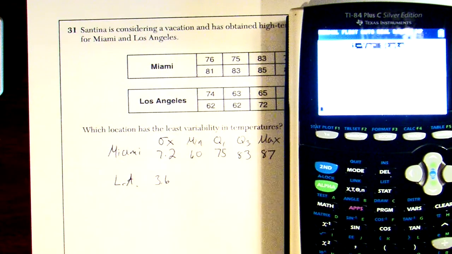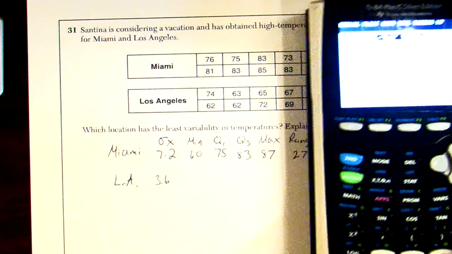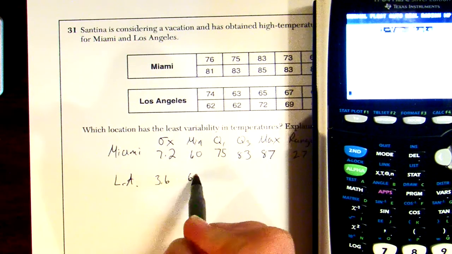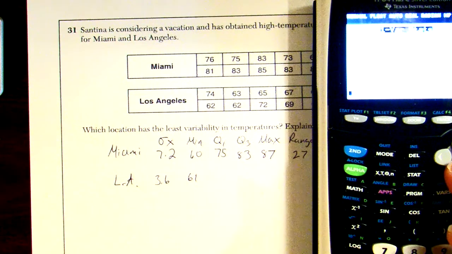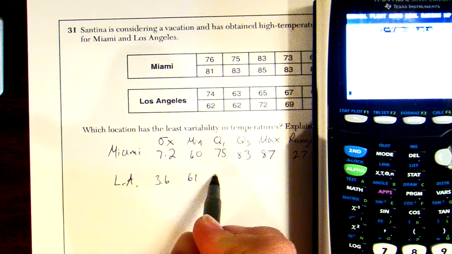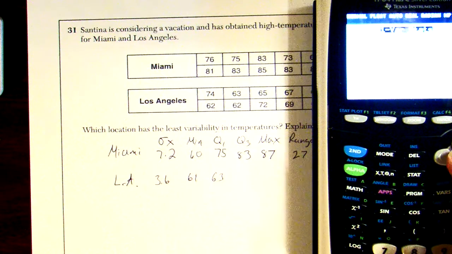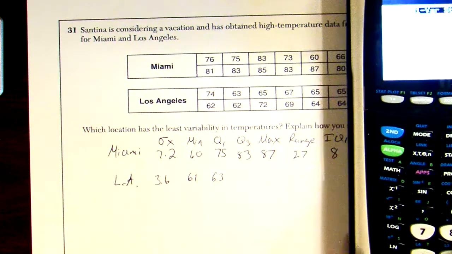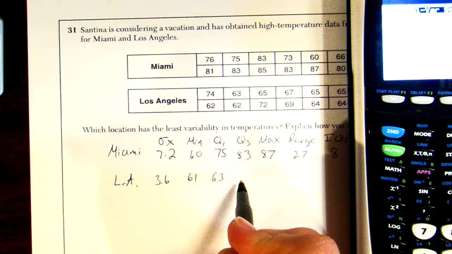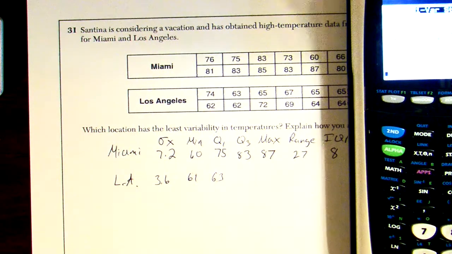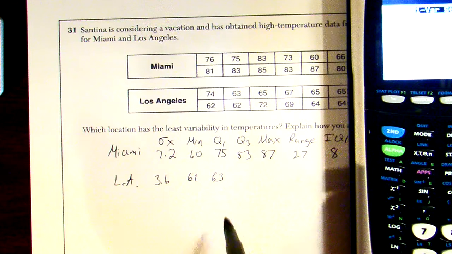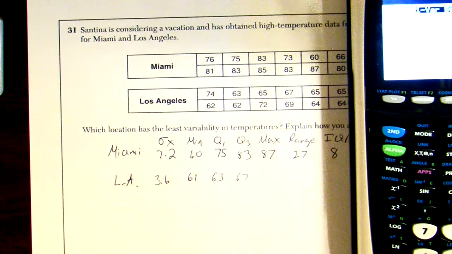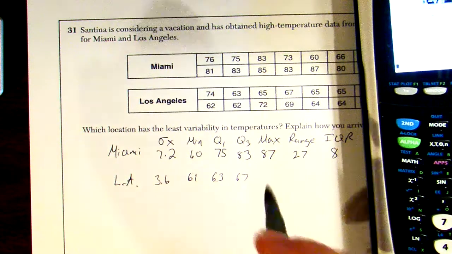My min is 61. My first quartile is 63. My median is 65. My third quartile is 67. My max is 74.